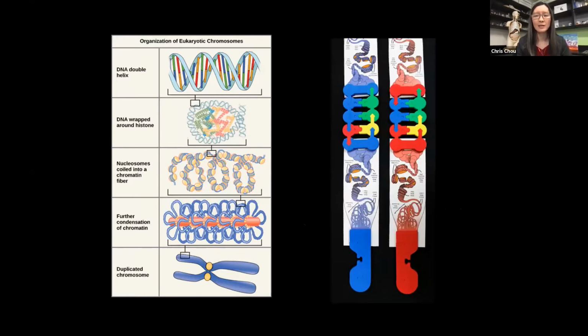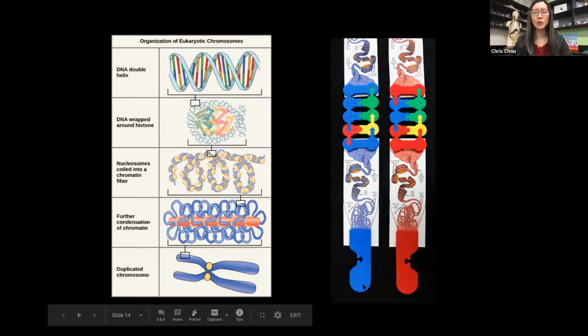Take a look at the model that you created with your foam pieces. Can you identify all these different components in that graphic? There are multiple ways of showing DNA at several different levels: from the nucleotide level with A's and T's and C's and G's base pairing, to the scaling part of the graphic, which is that flat piece, and the organization of DNA wrapped around histone proteins, and then the coiling and condensing to the large foam pieces, like the one seen at the bottom of the screen.